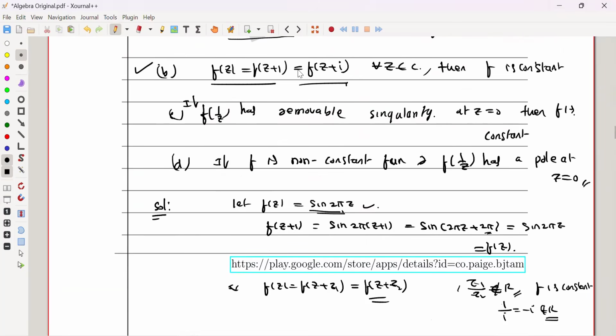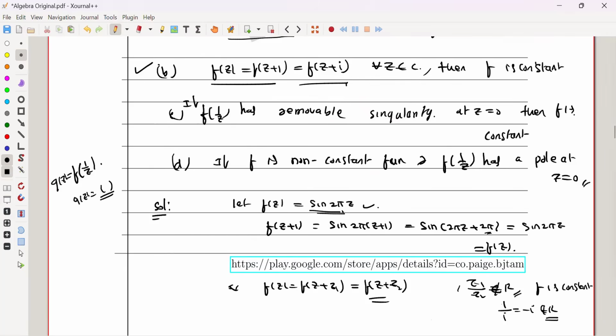Next one: if f of z is an entire function, then f of 1 by z has a singularity at z equal to 0. If that singularity is removable, we can remove it by defining another function g of z equal to f of 1 by z, entire at z equal to 0.